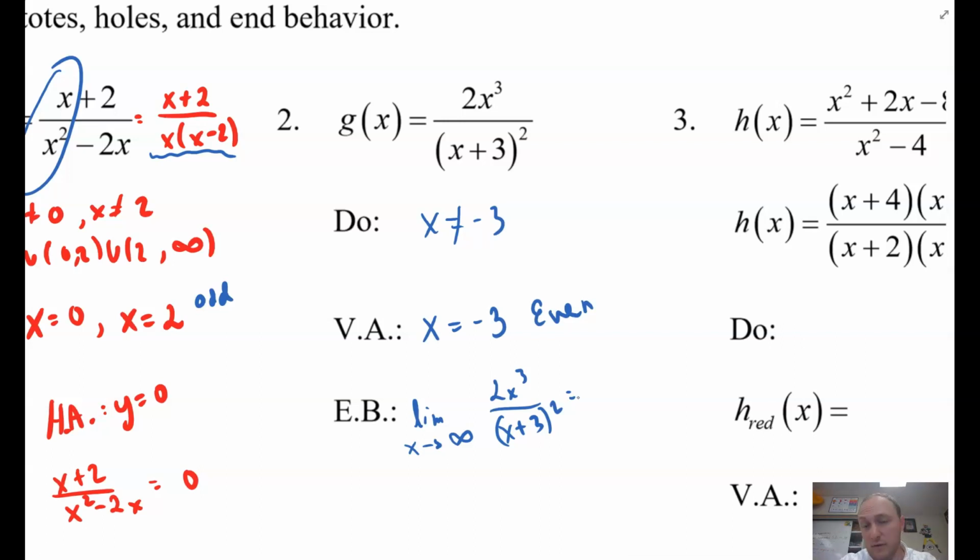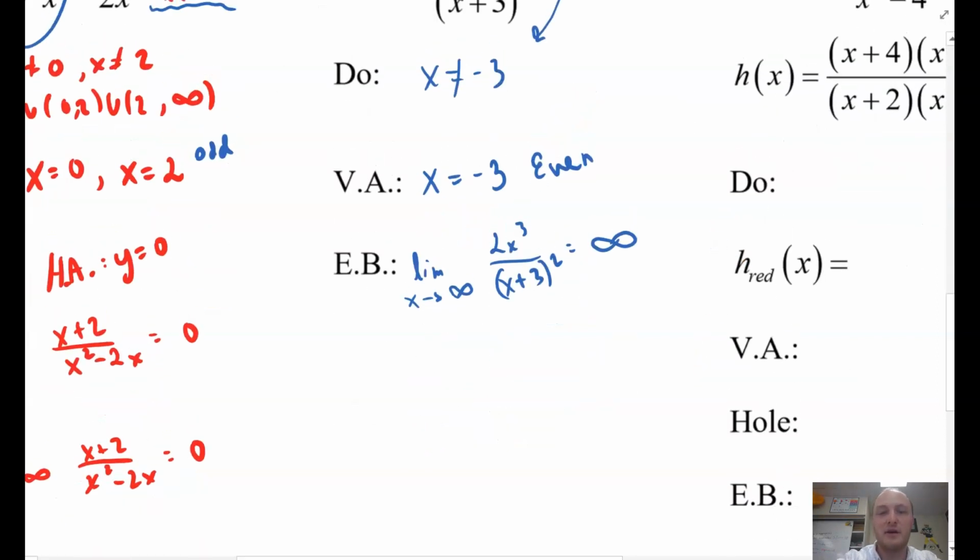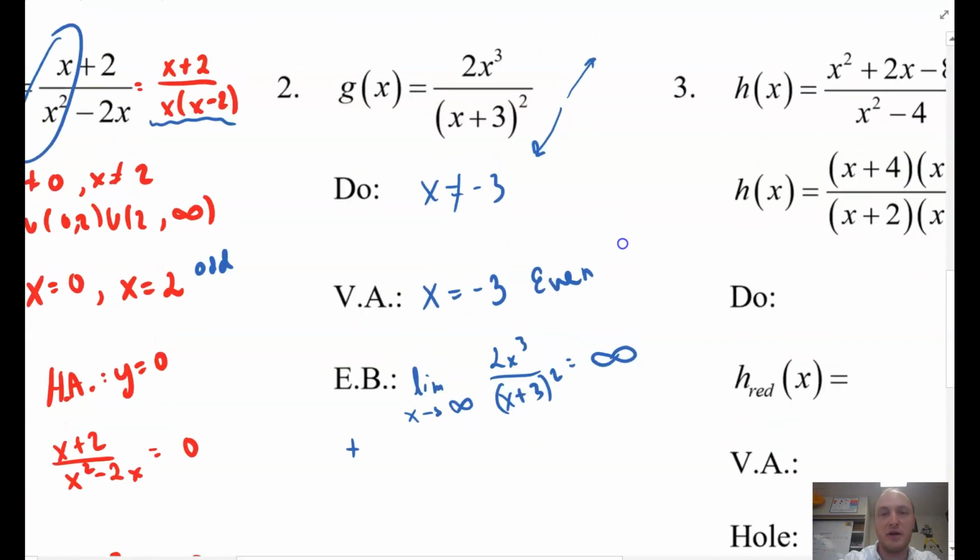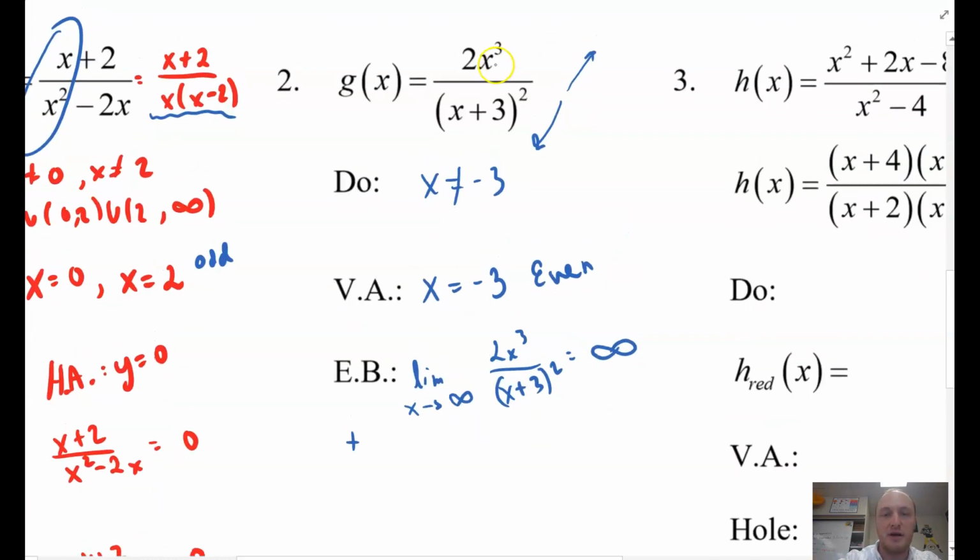This is the big over little, and in this case, our function is going to blow up to positive infinity. So this is going to positive infinity, what we call a slant asymptote, where our function is going like this. I'm going to do a little sign analysis, because if I plug in positive infinity up here, I get a positive. If I plug in positive infinity in the denominator, this also is a positive, so we get positive infinity.